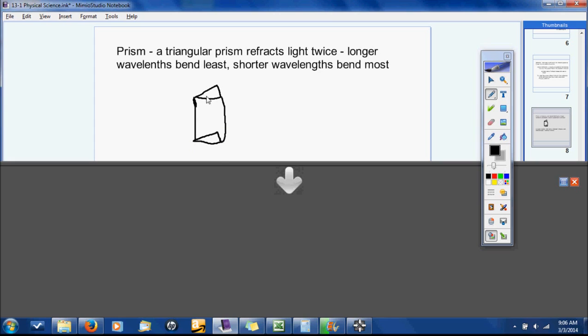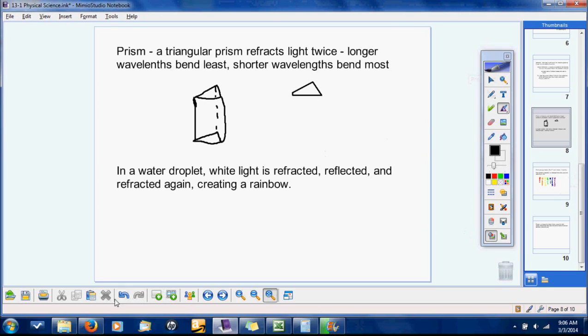So we've got, oh, that's horrible. But we have basically a triangular shaped figure here. Let's try it with shape recognition and see if I can get a little bit better prism here. Slightly better broken prism. We have triangle on the top and bottom.